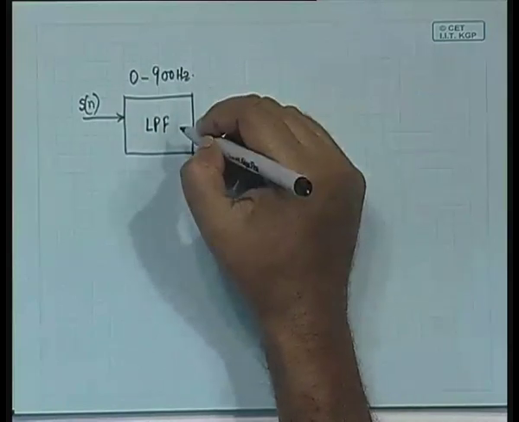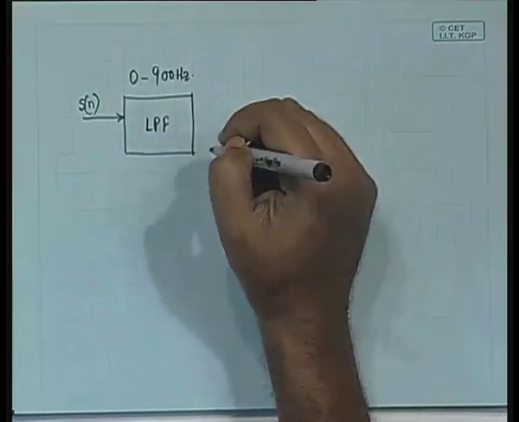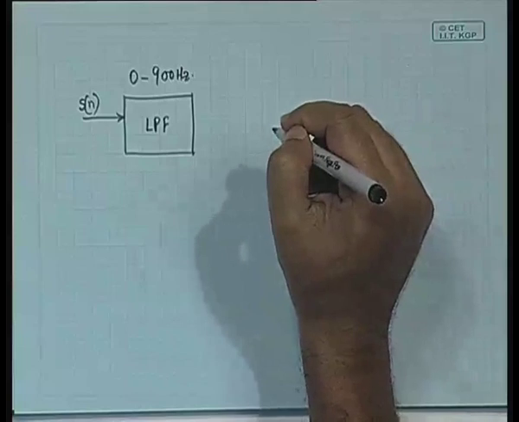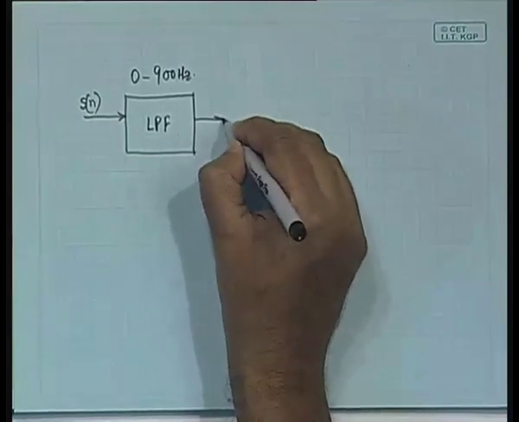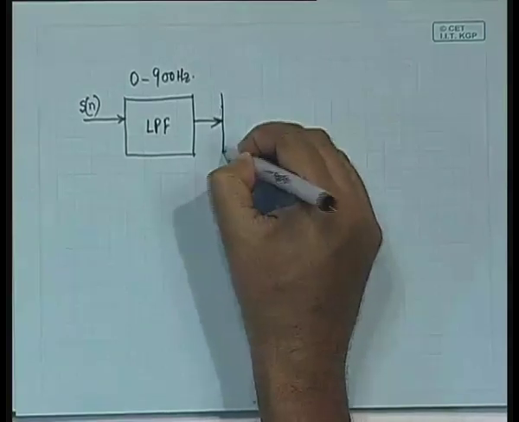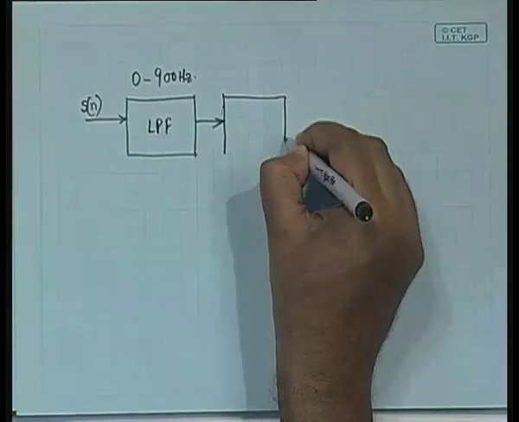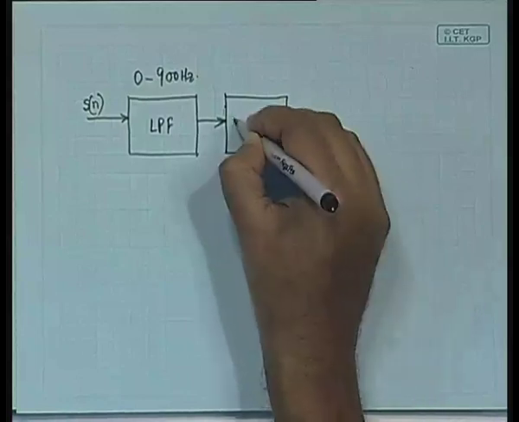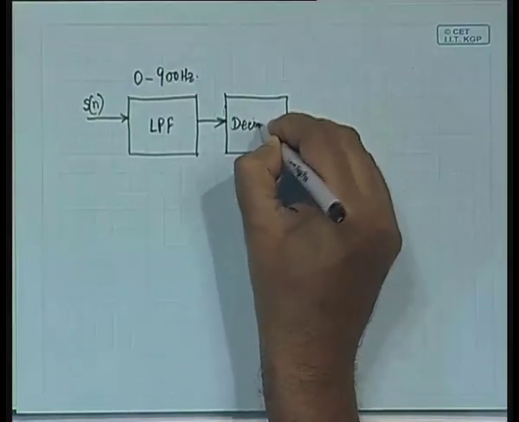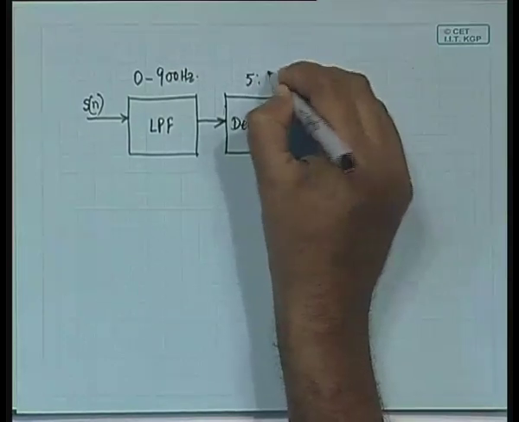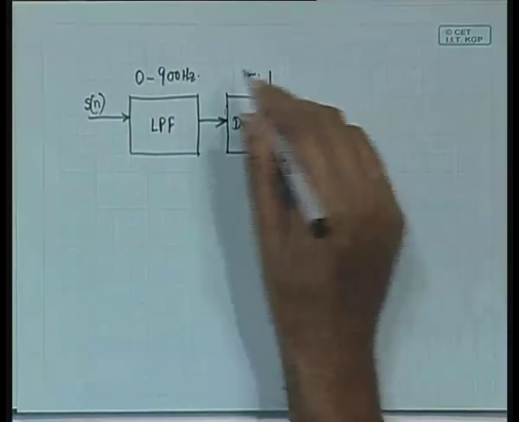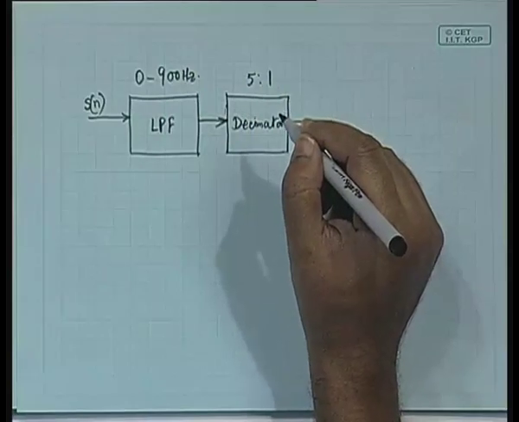So the filter would accept only the signals in the range of 0 to 900 hertz. Followed by the LPF, we have what is called the decimator, and this decimator is going to decimate down the signal in the ratio 5:1.